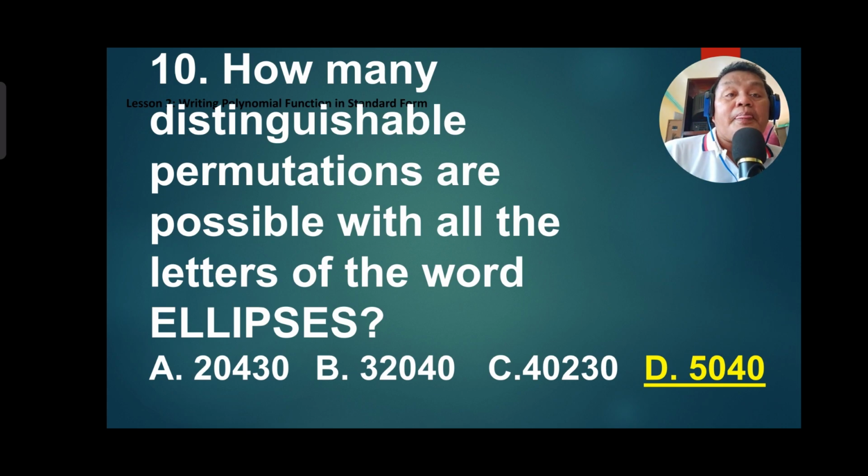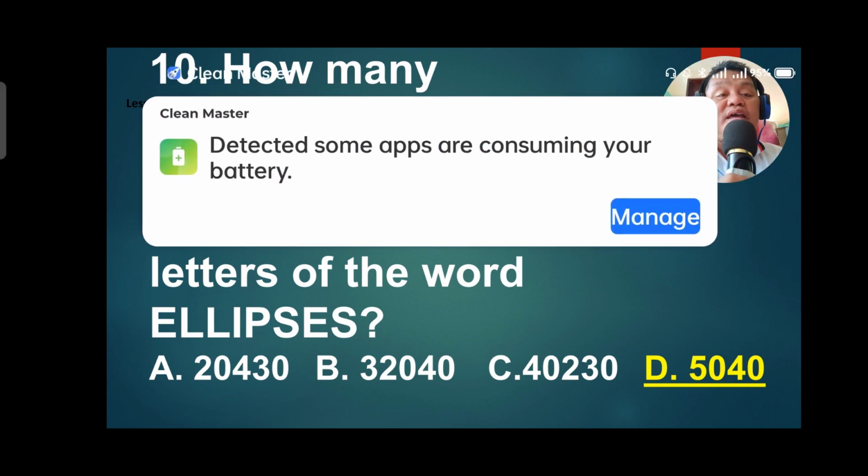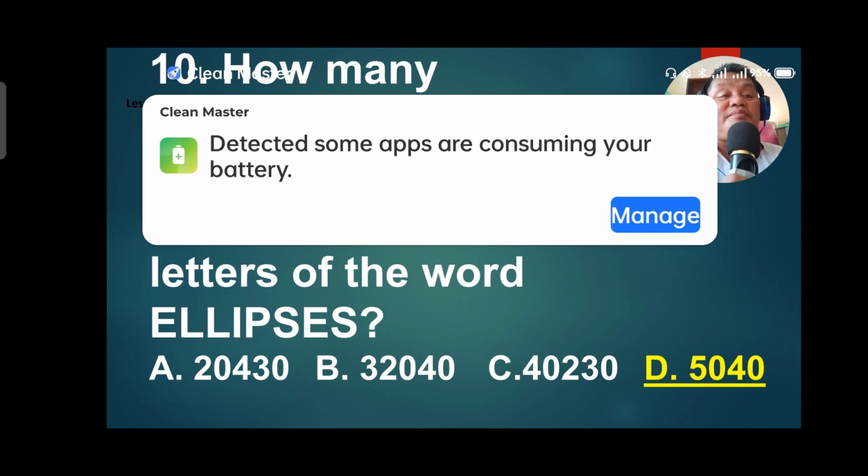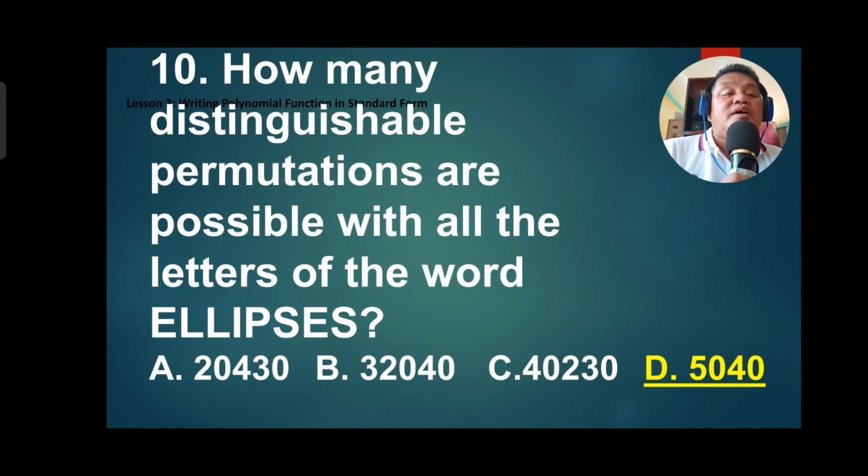Number 10. How many distinguishable permutations are possible with all the letters of the word ellipses? Using the distinguishable permutation, how many letters has the word ellipses?